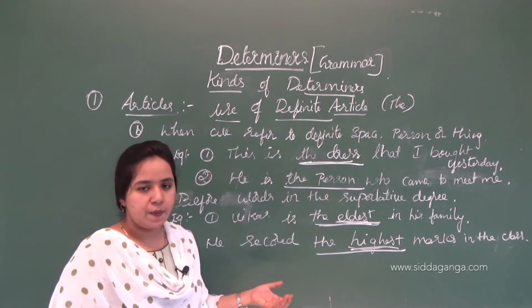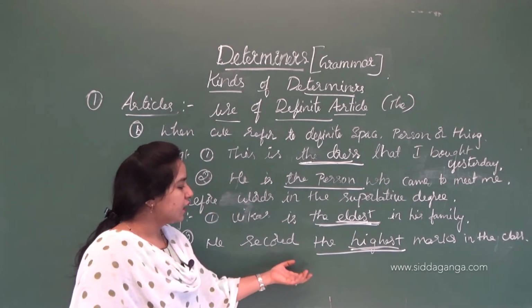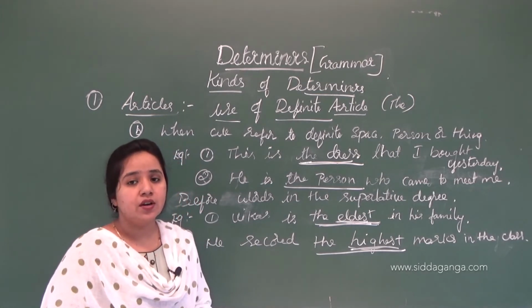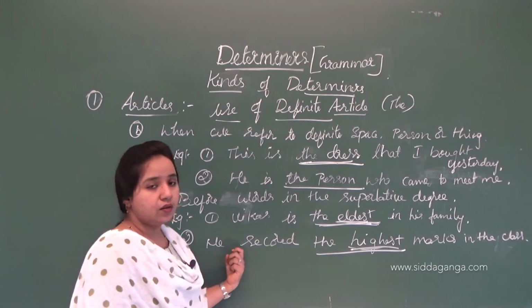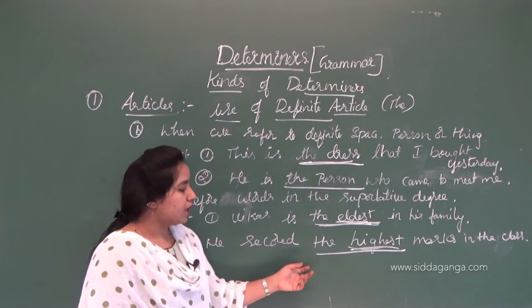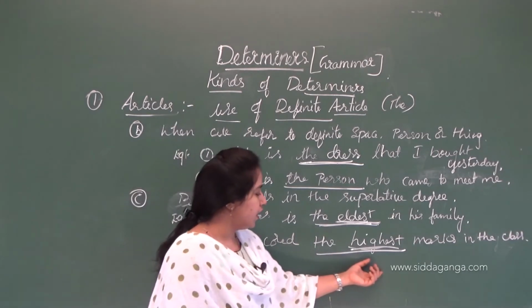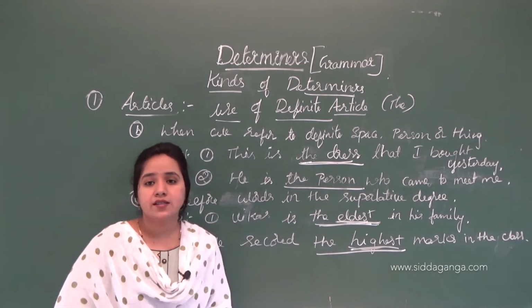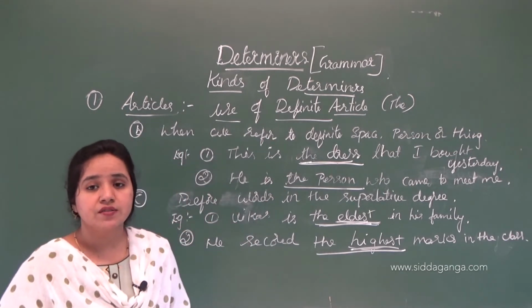When it compares, he secured the highest marks in the class, so no other person has secured as high as he. You can use the definite article here before the noun, which describes the highest degree of the adjective, which gives the quality.